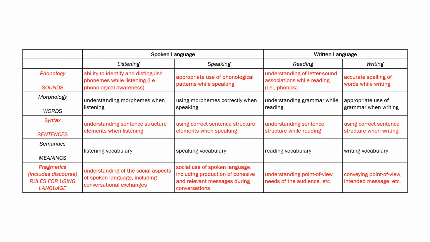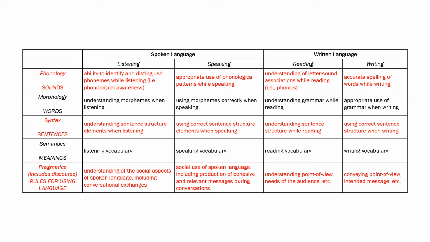The other one I want to talk about again is pragmatics because that can be a little bit more difficult. And I think this chart really helps lay it out well. So in listening, pragmatics is understanding the social aspects of spoken language. A lot of students who have disabilities related to understanding figurative language, this will come up quite a bit.